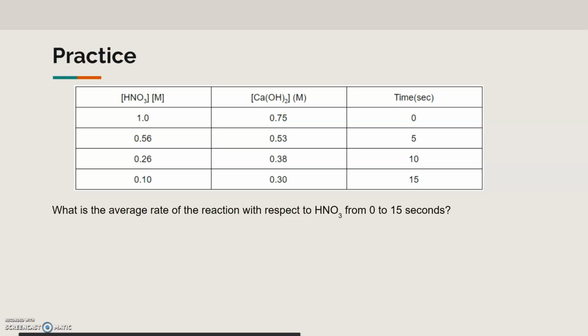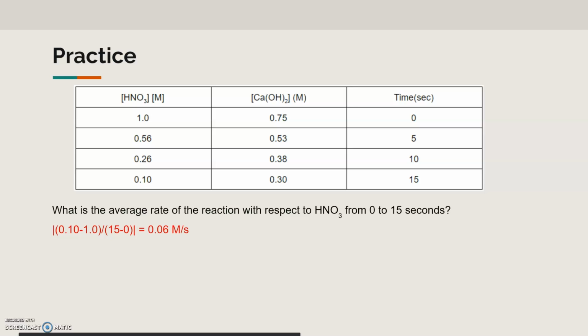What is the average rate of the reaction with respect to HNO3 from 0 to 15 seconds? Very well. Notice I'm placing an absolute value. Then in parentheses, I'm going to subtract the starting concentration of HNO3, which was 1, from the ending concentration, which is 0.10.